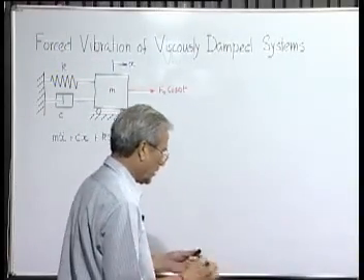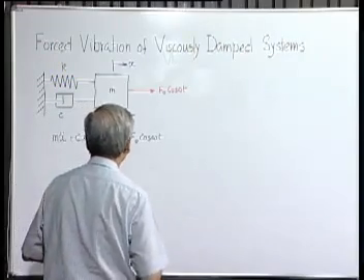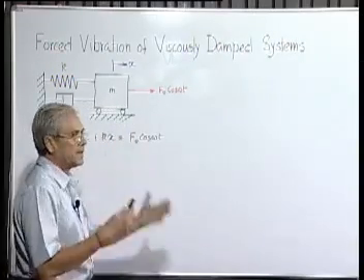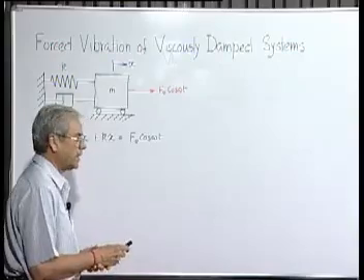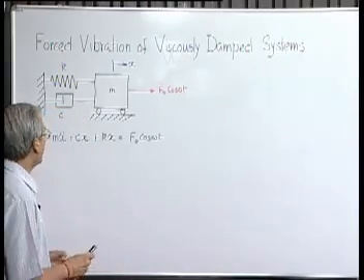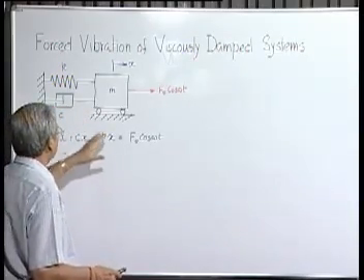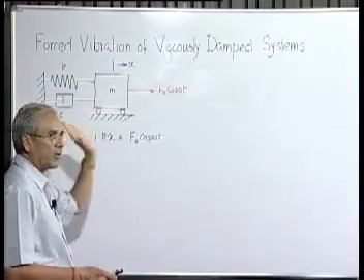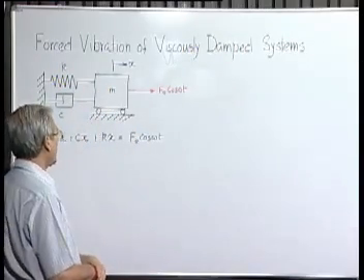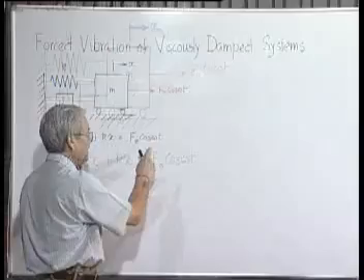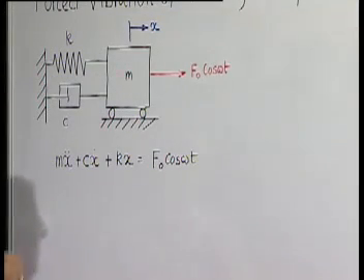We also noticed the point that once the steady state starts, once the transient is over and damped out, the oscillation of this mass will be also a simple harmonic function of time with the same frequency, but not necessarily at the same phase.